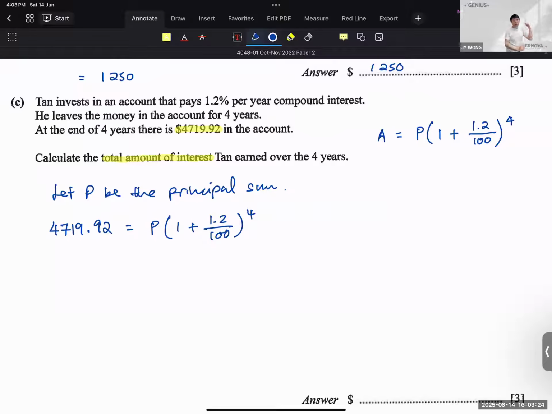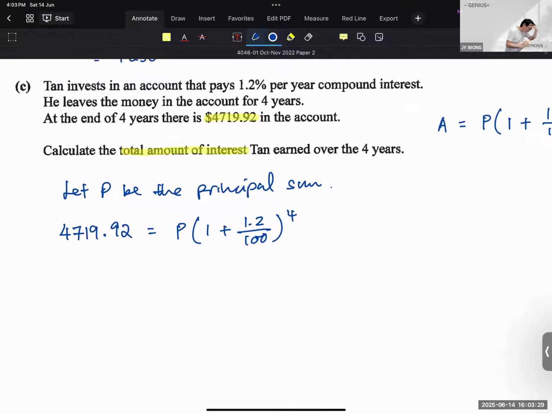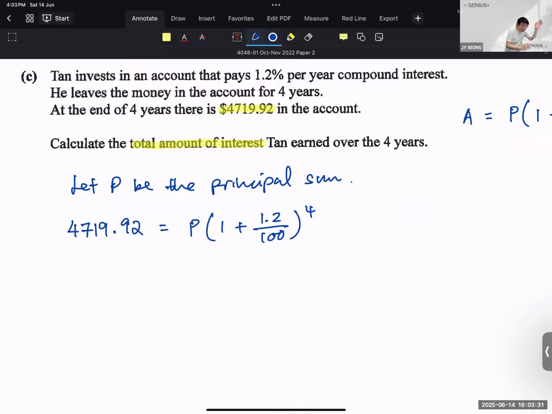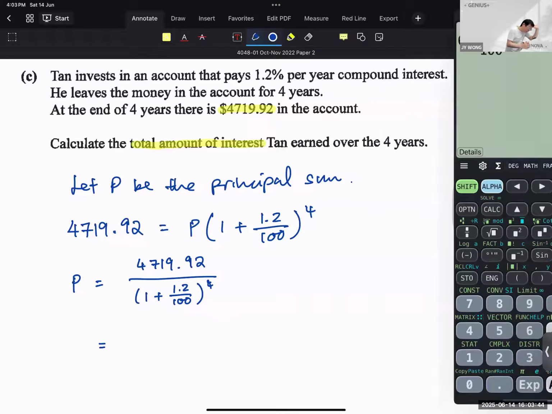This one is a lot more straightforward, right? Because once you get here, you can just directly divide away the bracket, right? Therefore, P is just equal to 4719.92 divided by 1 plus 1.2 over 100 to the power of 4.